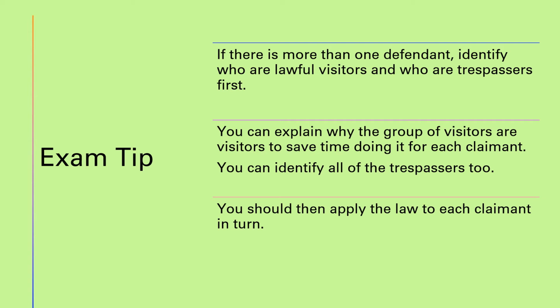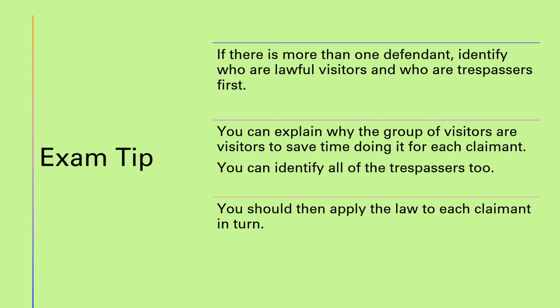So the first exam tip is linked to if there's more than one claimant. Identify who are the lawful visitors and who are trespassers first. Then we can deal with the lawful visitors and we can deal with the trespassers.